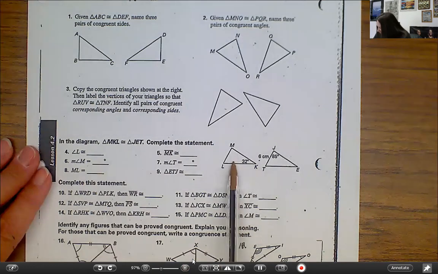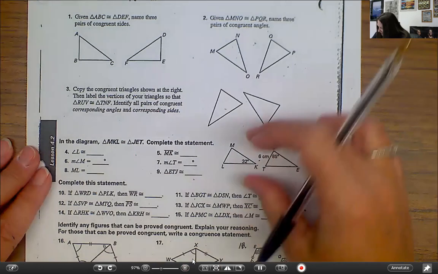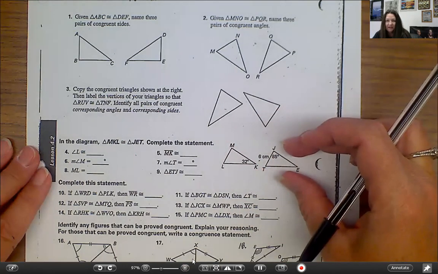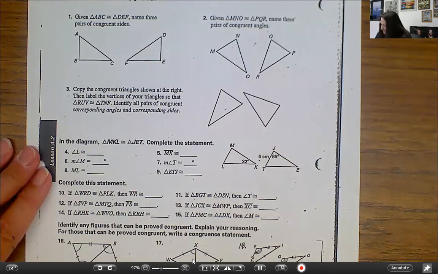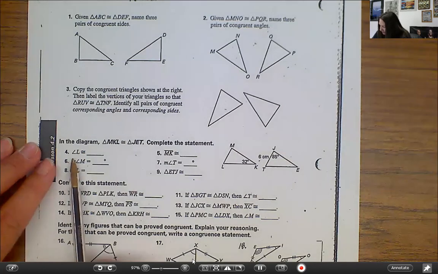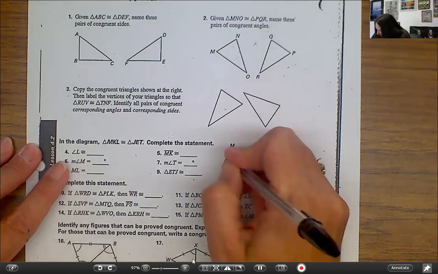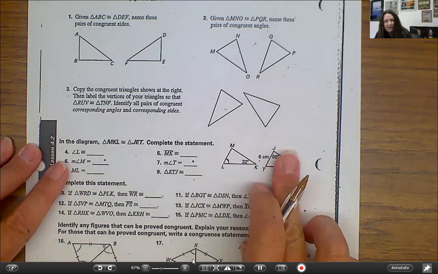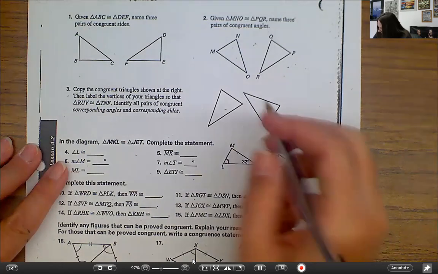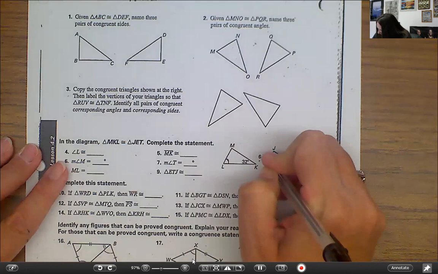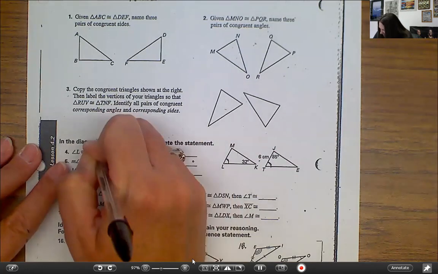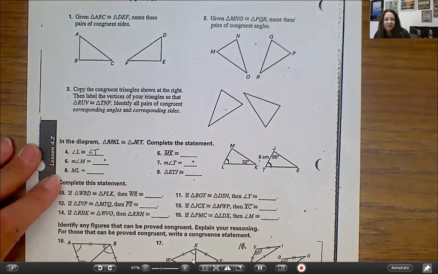And then here's the two triangles here. So I could take triangle MKL and place it over the top of JET. If we were to do that, we should see that angle L, if I were to just translate this over and lay it over the top, would line up with angle T. So I would say that angle L has to be congruent with angle T if I knew the triangles were congruent to begin with.